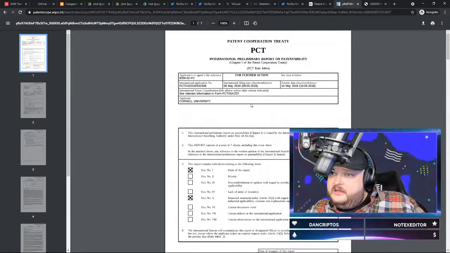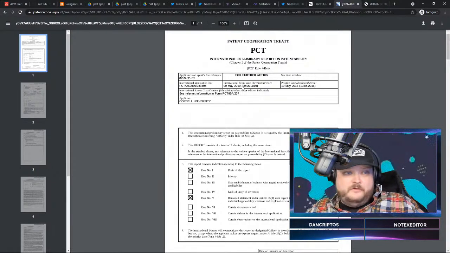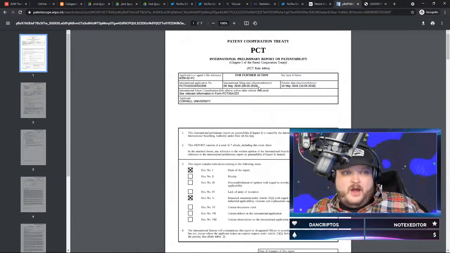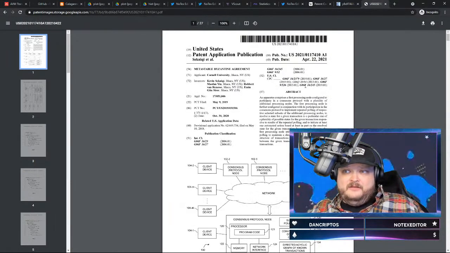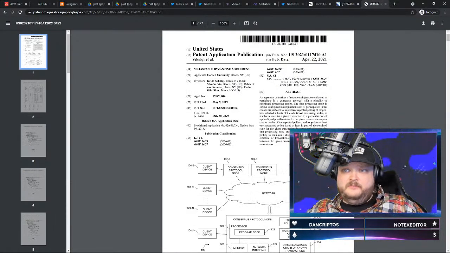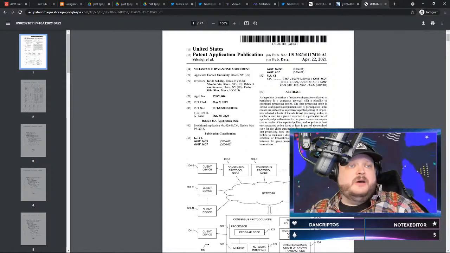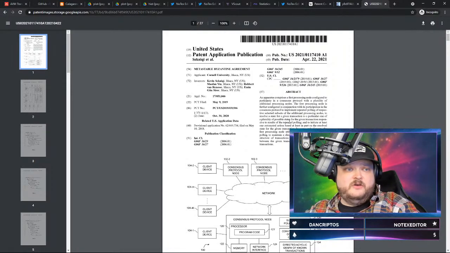The filing is from May 2019, and progress has been made since then, uninhibited by the company, by the network, by development. And if you look at the patent application publication, yes, this is the US version of that, fine. But the US patent system also exists within the international patent system.